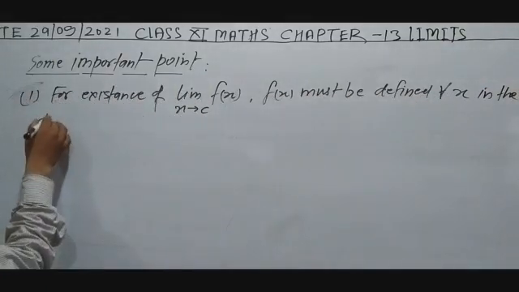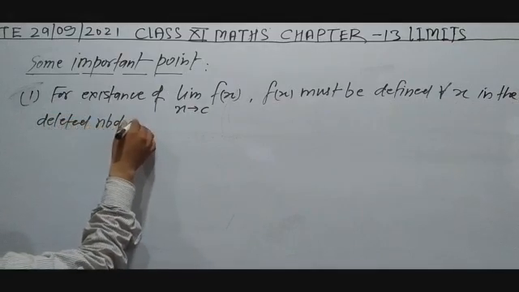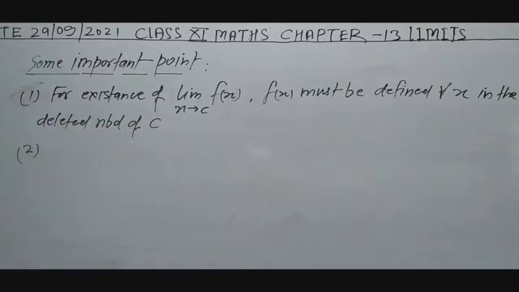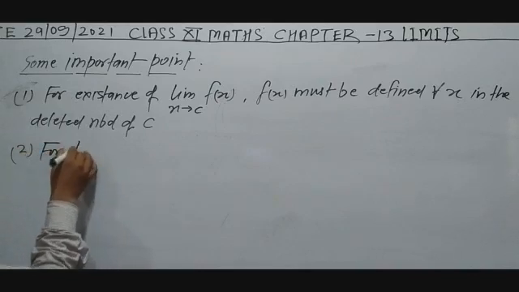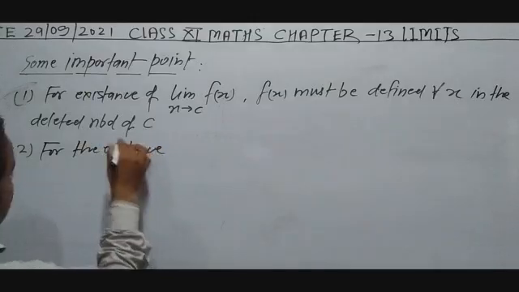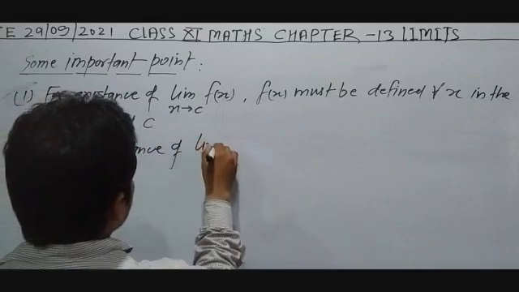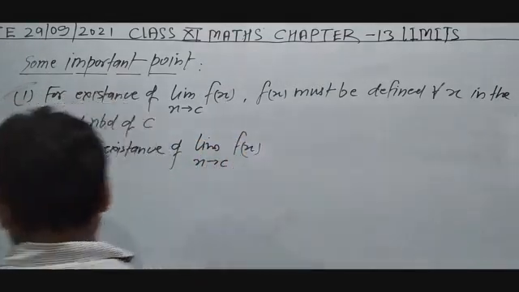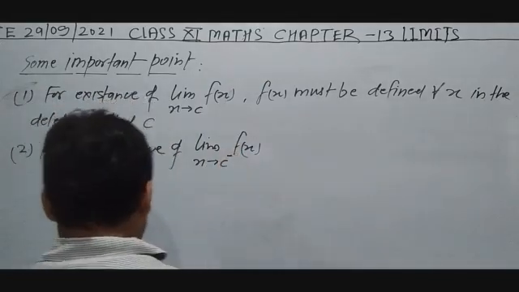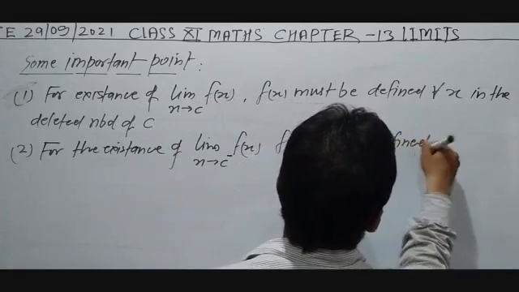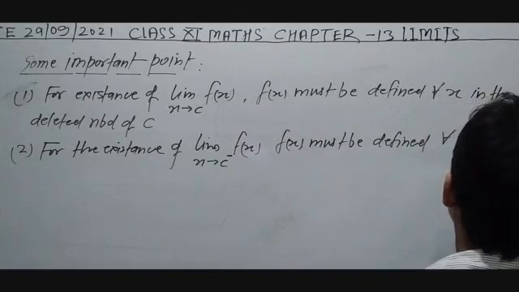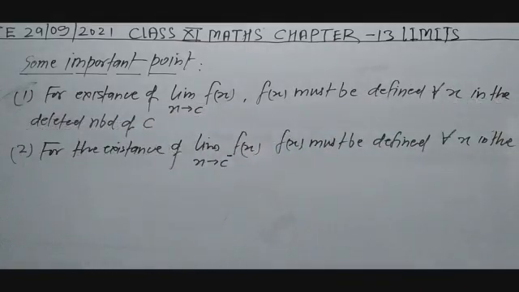In the deleted neighborhood of c. Now, second point is for the existence of limit x tends to c minus f(x), f(x) must be defined for all small x in the left deleted neighborhood of c.